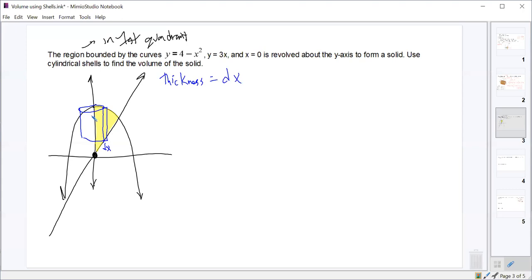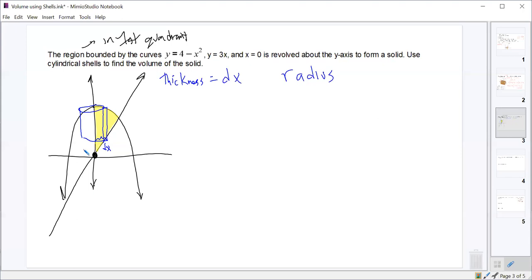Revolving it around the y-axis, all we need to find is the radius and the height. So our radius should be easy. The radius is just this, right? And what is that value? It's a distance measured from the y-axis going to the right.